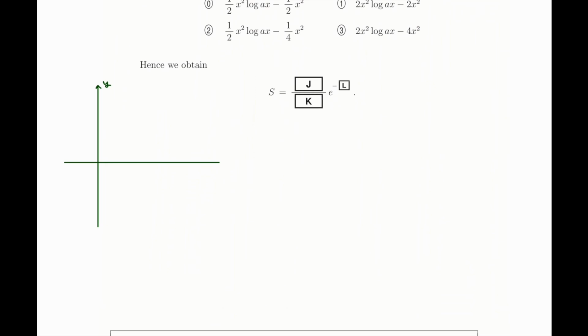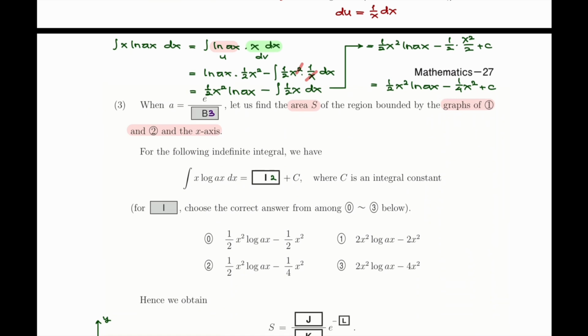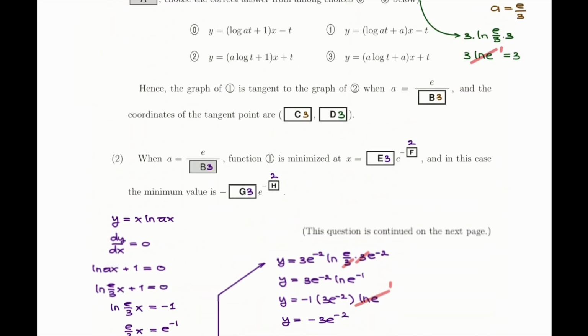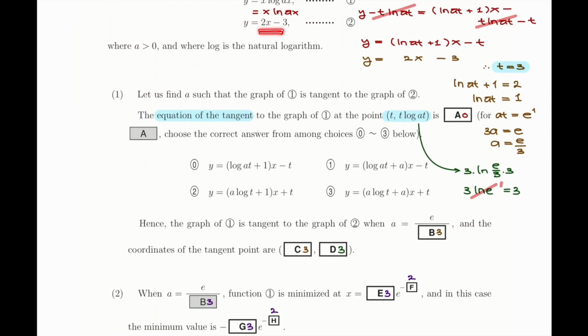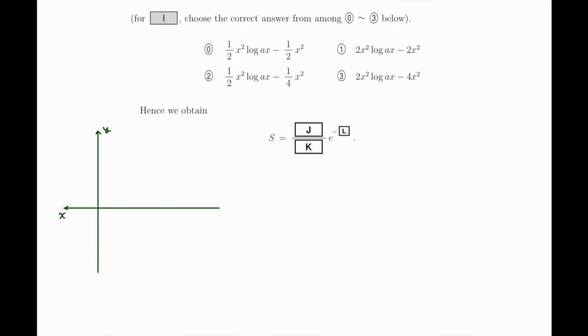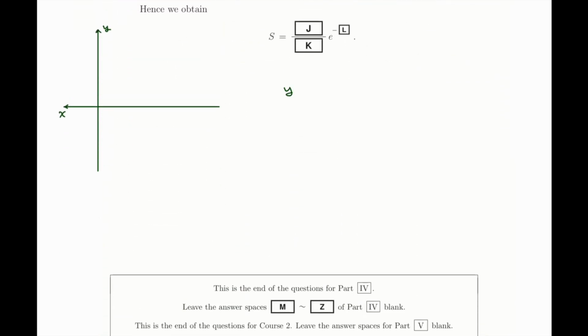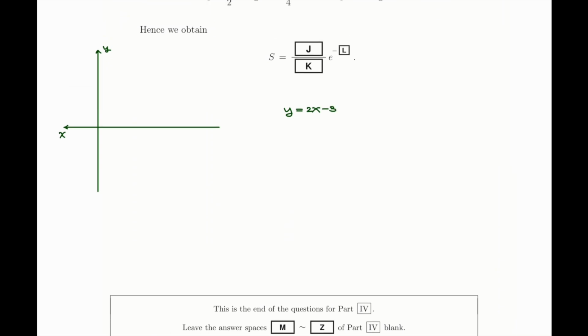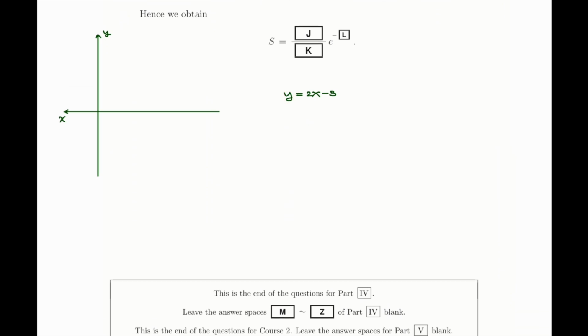This is the y-axis and this is the x-axis. First of all, I will draw graph 2 first because 2 is easier. 2 is 2x minus 3, which is a straight line, y equals 2x minus 3. So the x-intercept, if you set y equals 0, then x equals 3 over 2. Let's say this is 1, 2, 3, then 3 over 2 is somewhere here.